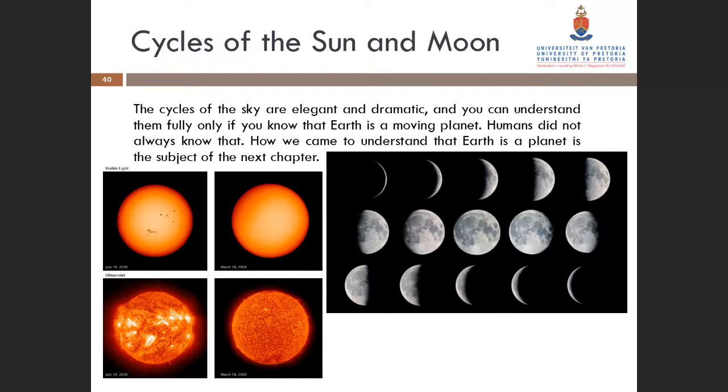Not solar flares. Yes, it's a part of the surface of the sun that's colder than the rest of the surface. We're going to discuss sunspots in depth later in this module, but it is basically a cooler region on the sun.